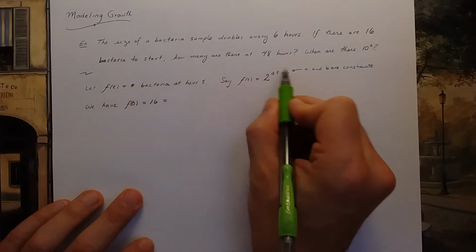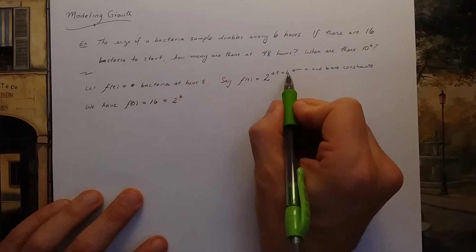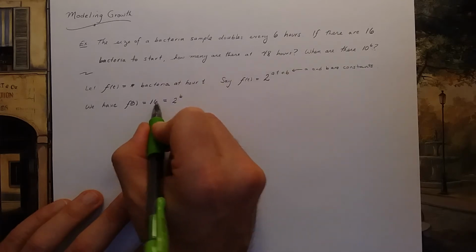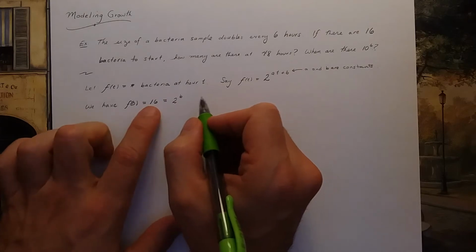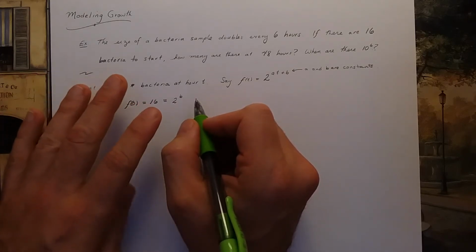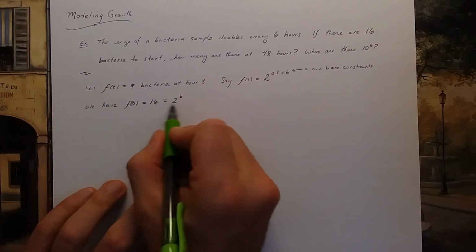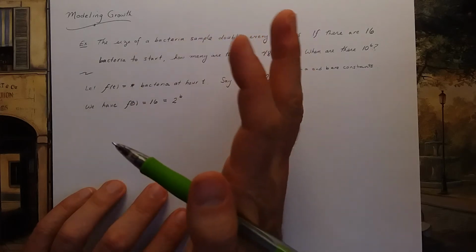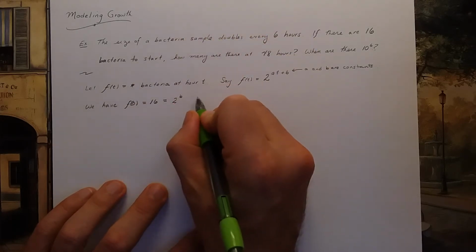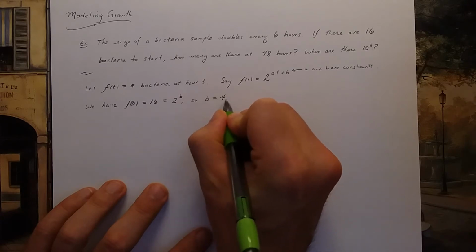If I plug in 0 into this model, I get 2 to the b power. 16 happens to be 2 to the 4th power, so I know b has to equal 4. If I didn't have that observation, I could take logarithms on both sides and solve that way. But here I see b has to equal 4.